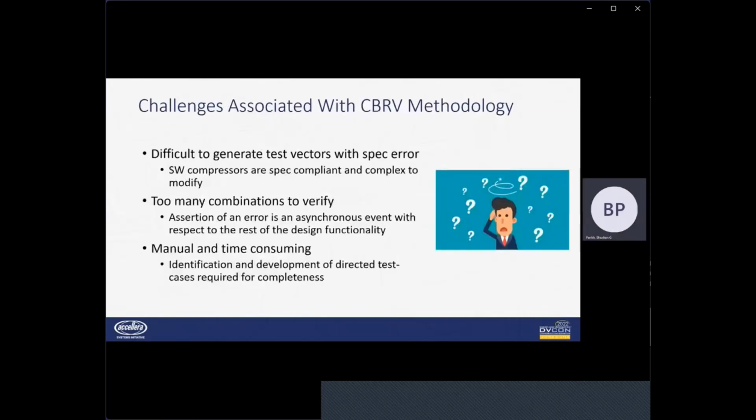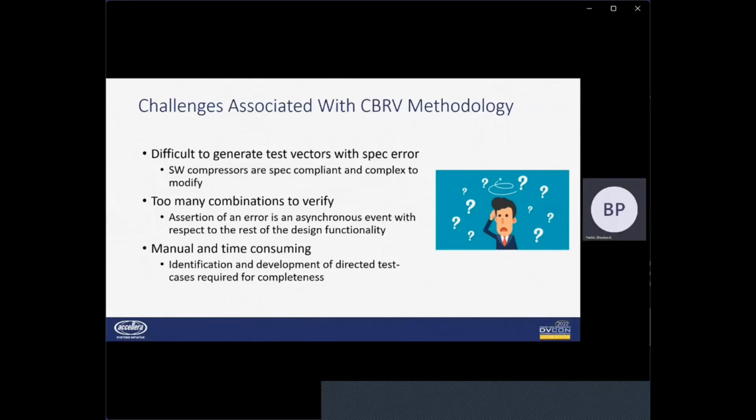So now let's understand challenges associated with constraint-based random verification methodology. In constraint-based random verification methodology, software compressors are used to generate the compressed data stream. Now, these software compressors are spec compliant and will not generate compressed streams with the spec error.